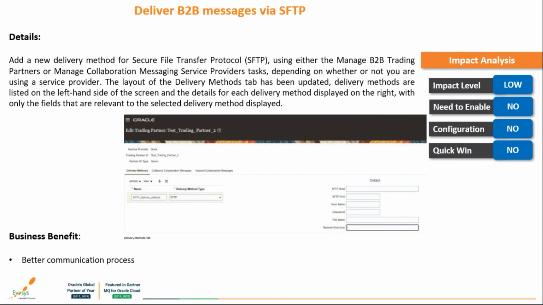The delivery methods tab layout has been modified with delivery methods listed on the left and information for each delivery method provided on the right, with just the fields relevant to the selected delivery method displayed.